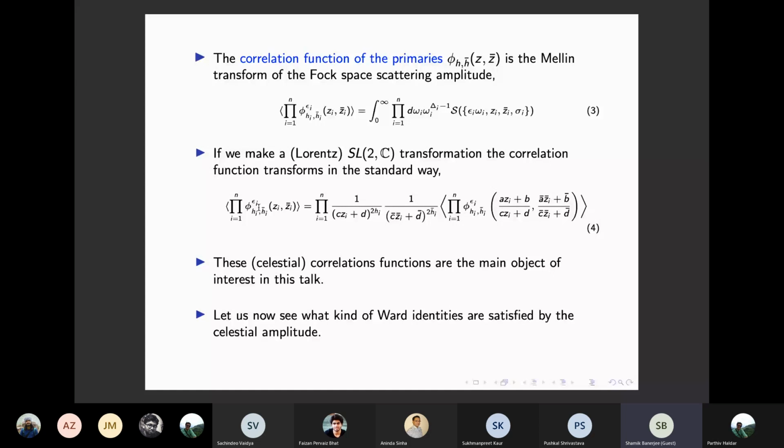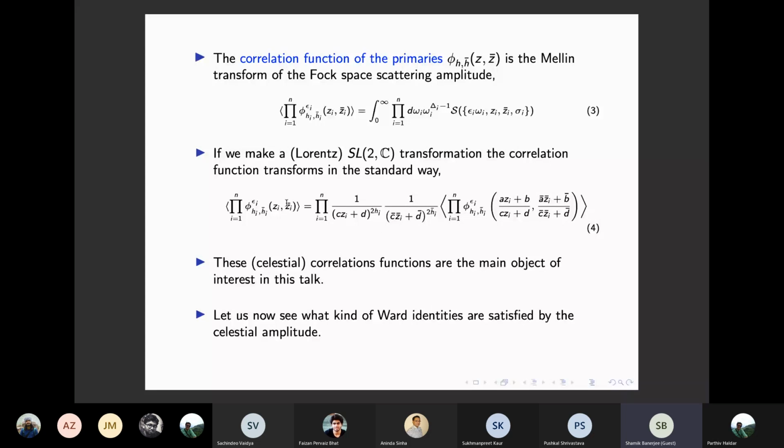And in conformal field theory, as in BPZ, Z and Z bar are treated as independent complex numbers, and then at the end you can come down to the real slice where Z bar is the complex conjugate of Z. So that is one kind of justification for this. But we can come back to this.